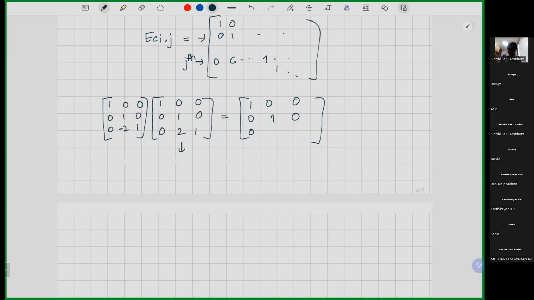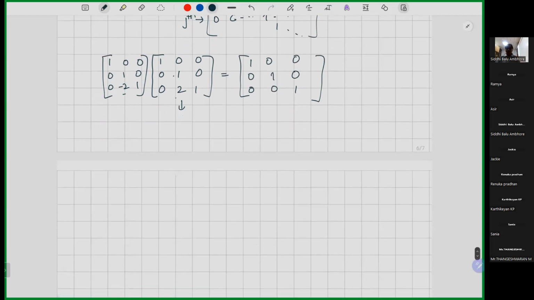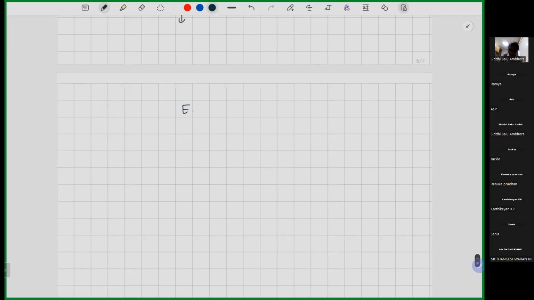Second entry is 0, minus 2 into 1, minus 2 into plus 1 into plus 2, which is 0. And the last entry is 1. So is it okay now? That's how it is working. So for this E_C,i,j, what I need to do is take E_minus C,i,j, and this will give me the required identity matrix. Is it okay?